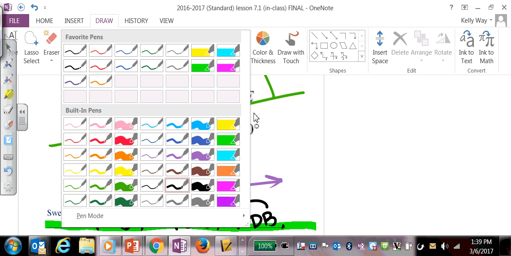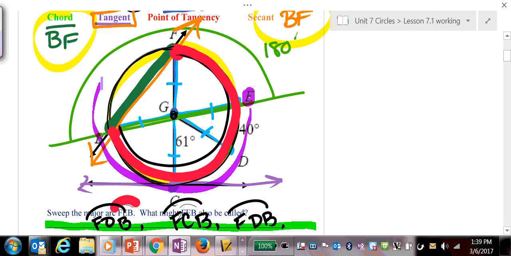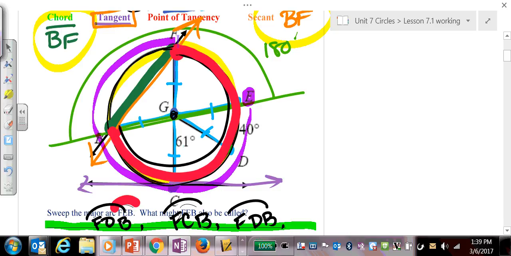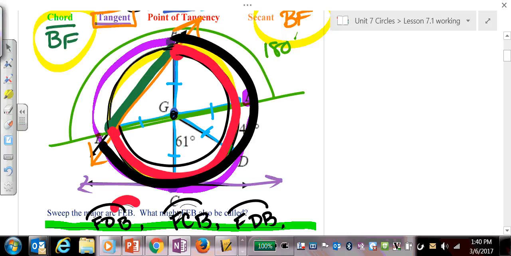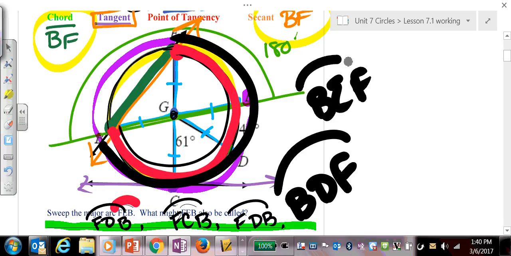Did you say EBF, ma'am? Watch. EBF would be the purple. Does it match the red? Any other that matches the red? Give me another one, Maddie. B, D, F going around this way, yes. Give me one more. B, E, F. So you guys can see that arcs can have multiple names, okay?